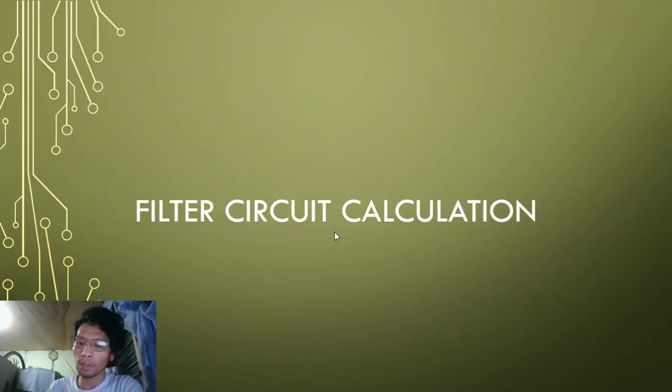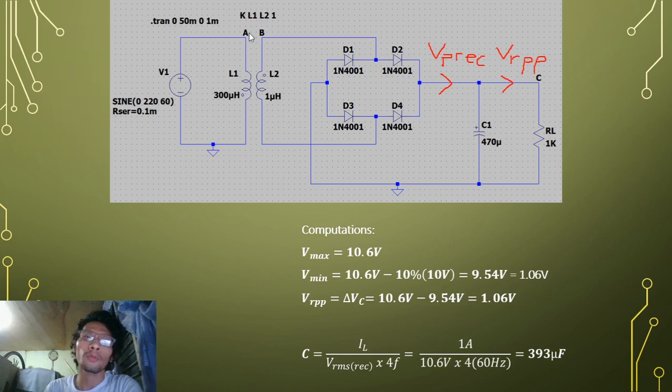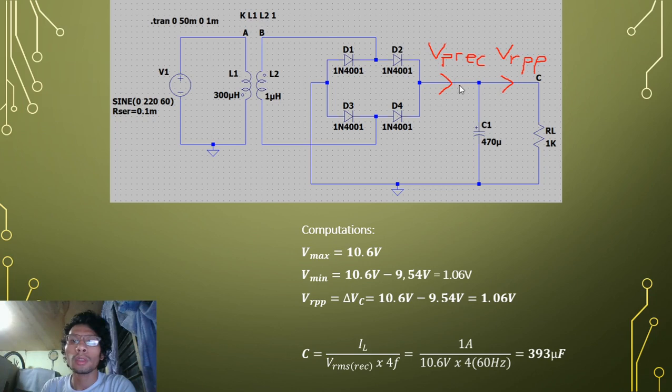For the filter circuit calculation, you can see on my screen the filter circuit schematic diagram. Notice that I have included a capacitor of 470 microfarads in the circuit design, parallel to the load resistance. To find the Vmax, that is 10.6 volts, and to find the V minimum, it is equal to 10.6 volts minus the 10% of 10.6, which is 9.54 volts, and that is 1.06 volts for the V minimum.